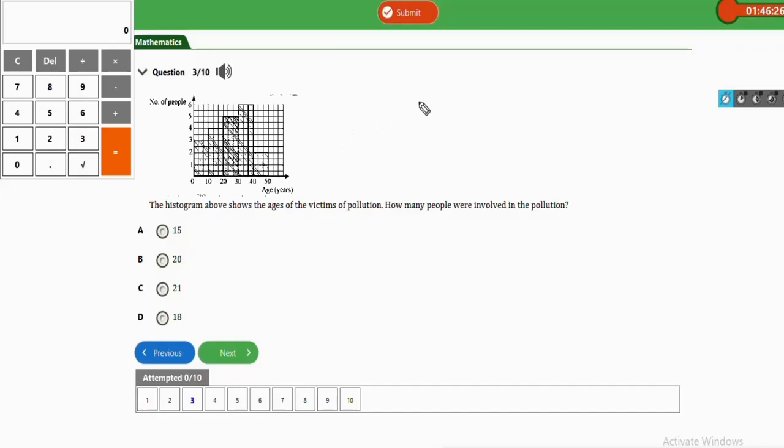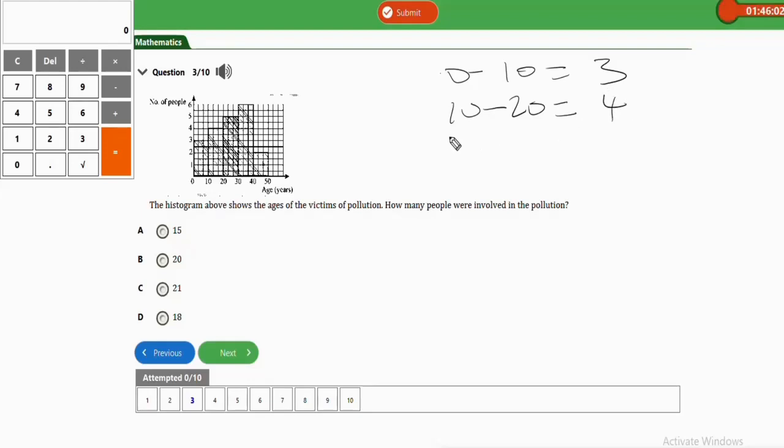Alright, so let's check the age bracket from 0 to 10. We have people involved to be 3. Alright, then we have from 10 to 20 people involved, we have it to be 4.